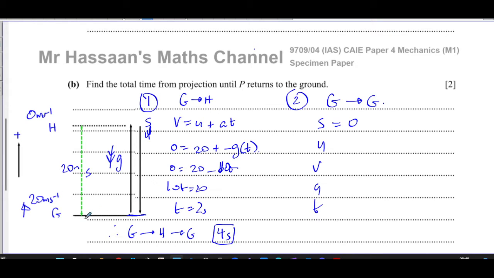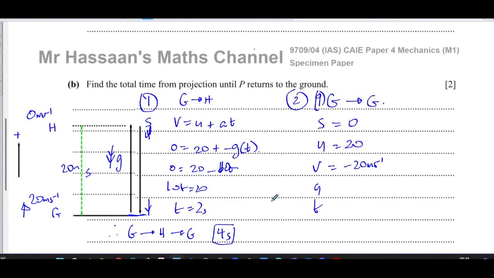So if we're thinking about going up to H and then back down to G again, the displacement would be 0. The initial velocity would be 20 meters per second, and the final velocity, just before it hits the ground, is going to be negative 20 meters per second. Why? Because when it was thrown upwards, we take up as positive.